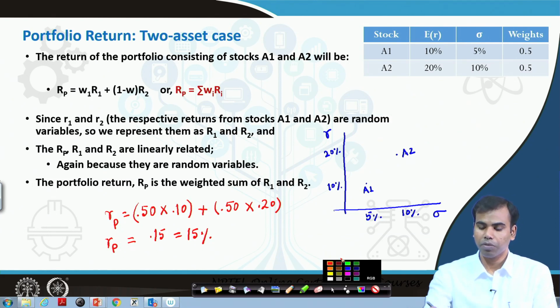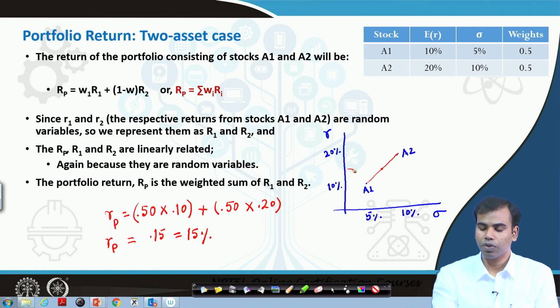If we invest our money in A1 and A2 somewhere 50%, the portfolio will be giving us a return of 15% on average. So, this is what happens when we invest 50% in A1 and the remaining 50% in A2.